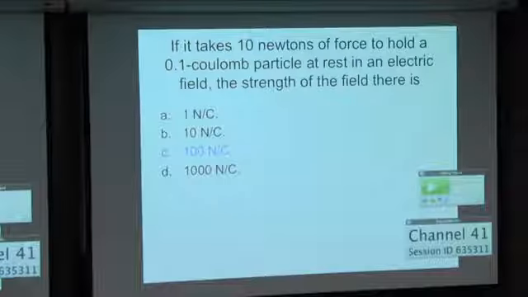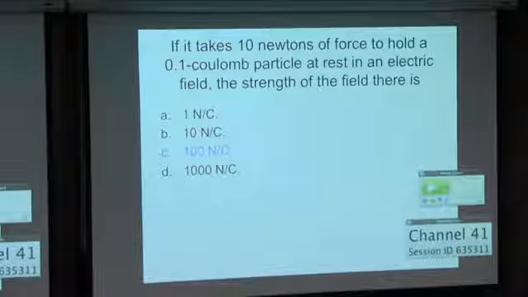If I held this up, how much force do I need to apply upwards to keep this at rest in the gravitational field? You don't know the actual value, but what do we call that? It's got to equal the object's weight. It's weight. That's the force that the Earth is trying to accelerate it down. So I apply a force up to this object to keep it at rest.